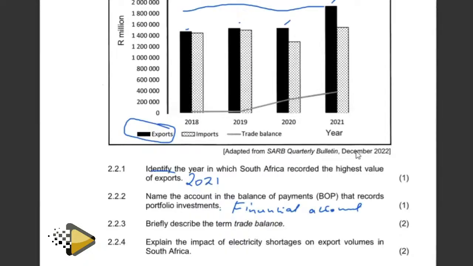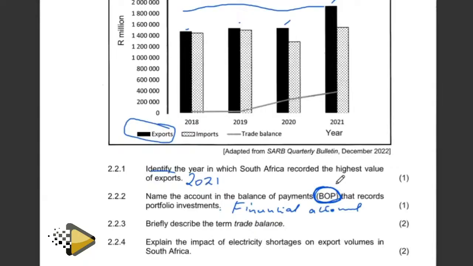Under this balance of payments, we record the transactions in line with the exports and imports of goods and services among different countries. So under it we have different accounts that record different transactions. We have the current account, the financial account, and also the capital transfer account. Okay, right.